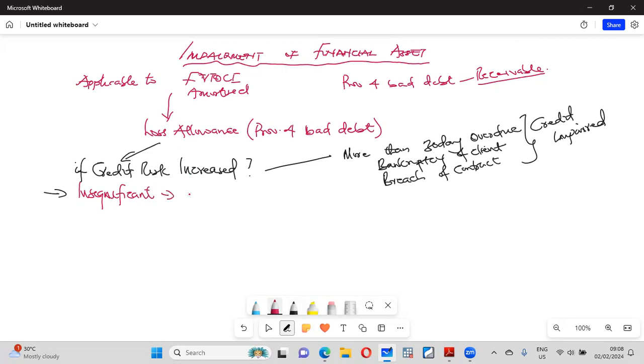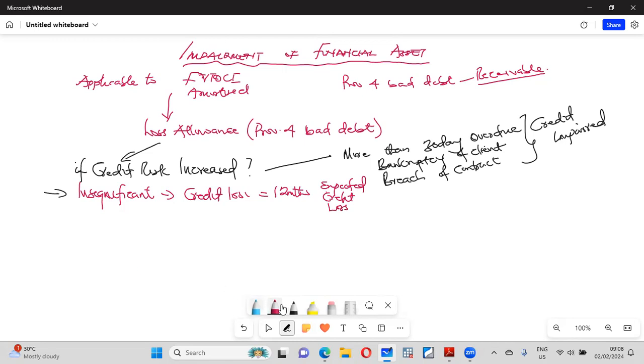So your credit loss, or your loss allowance, will be equal to 12 months expected credit loss. So your loss allowance is equal to what?